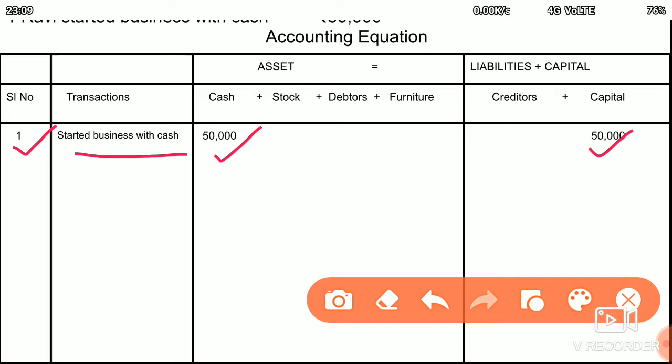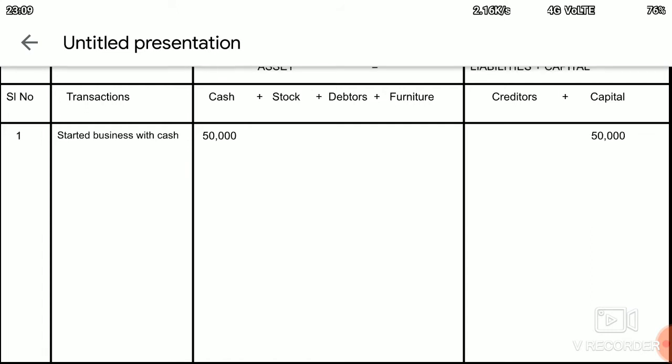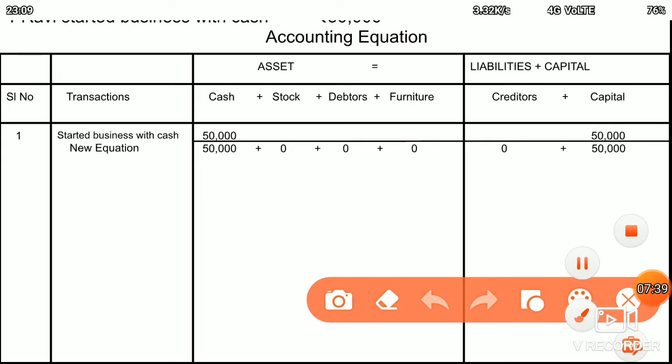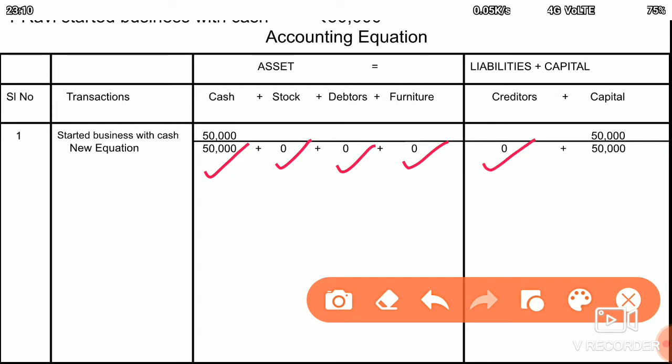The other accounts are not affected in this transaction, so we do not enter any amount there. Then we can write the new equation. So this will be our new equation. Cash will increase by 50,000. Stock remains unaffected, so it will be 0. Debtors not affected, 0. Furniture not affected, 0. And on the liability side, creditors not affected, 0. But the capital has increased by 50,000 after this transaction.